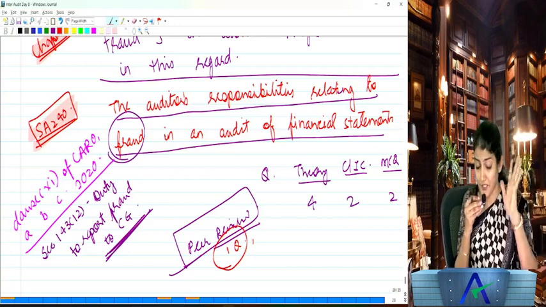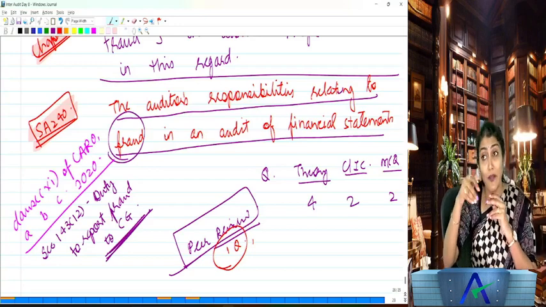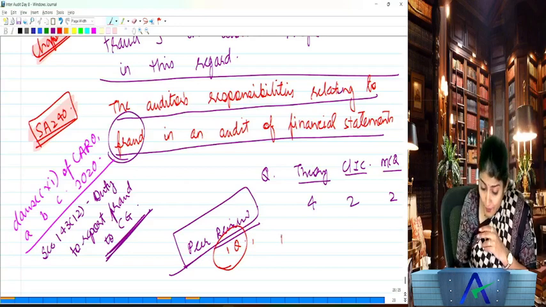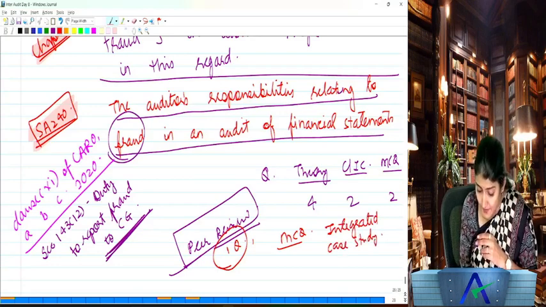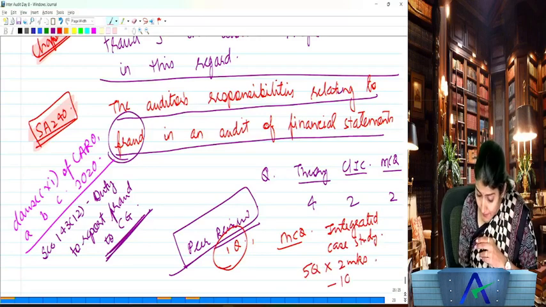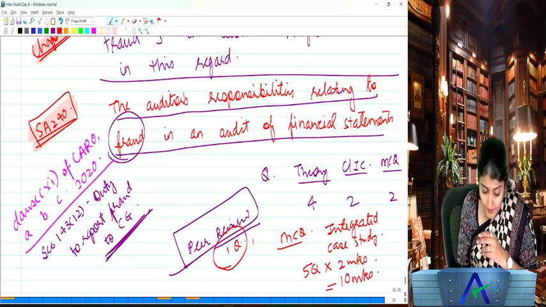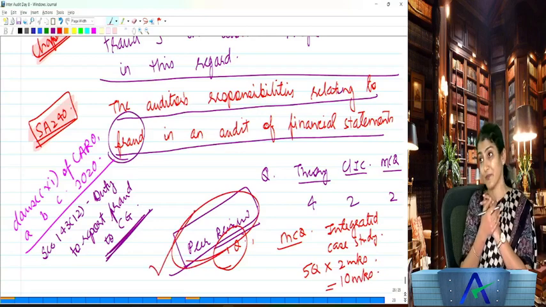But in one of the attempts, in the MCQ part, they made an integrated case study. Integrated case study means a case study is given, and after it 5 questions of 2 marks each, 10 marks, and the entire integrated case study was prepared on peer review.